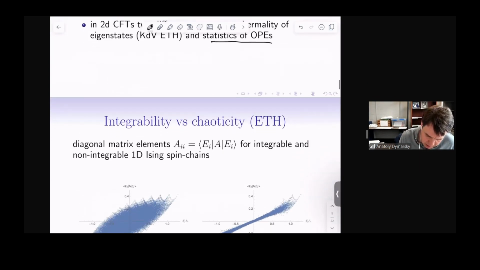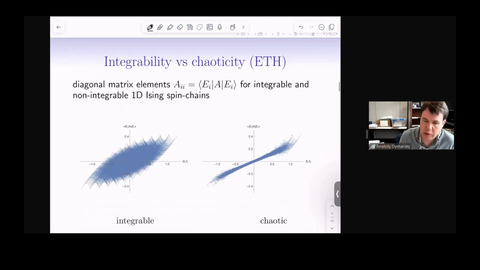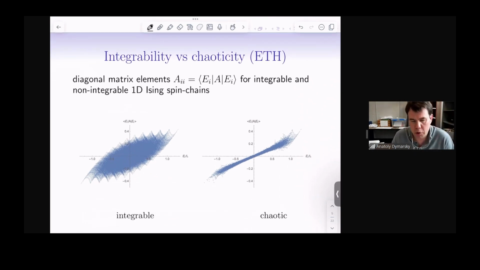So keeping that in mind, I also want to illustrate how things work, not so much in a CFT, but in a spin chain. Just an example: if you have an integrable spin chain, then the diagonal matrix elements of a local operator in an energy eigenstate are actually not fixed by anything, and they vary dramatically from eigenstate to eigenstate. This is a picture here.